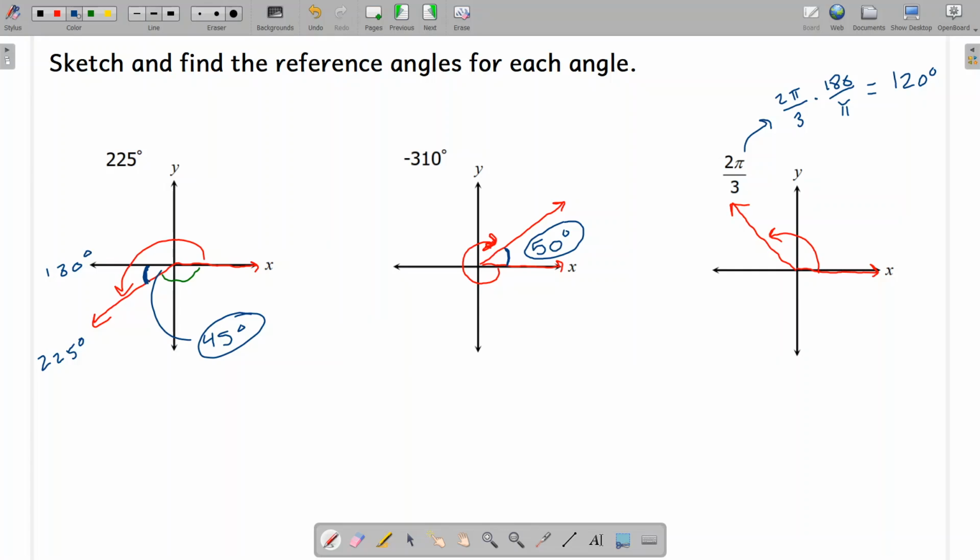Okay, so our reference angle, we're measuring from our terminal side to the x-axis. So to get down to the x-axis there, we would have to go 60 more degrees. And there you go. So sketching is very helpful here. You're just thinking about how far do you have to go to get to that x-axis. And remember, it has to be a positive angle and it has to be acute. If it's not, then you're doing something wrong.